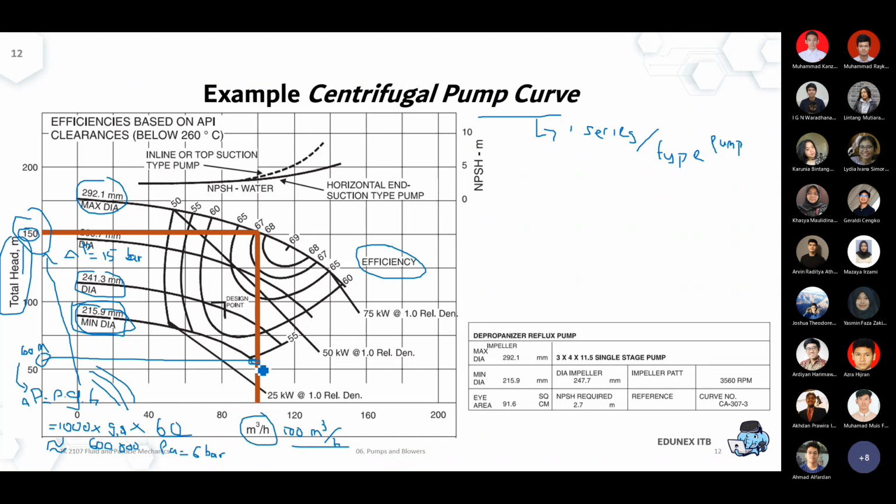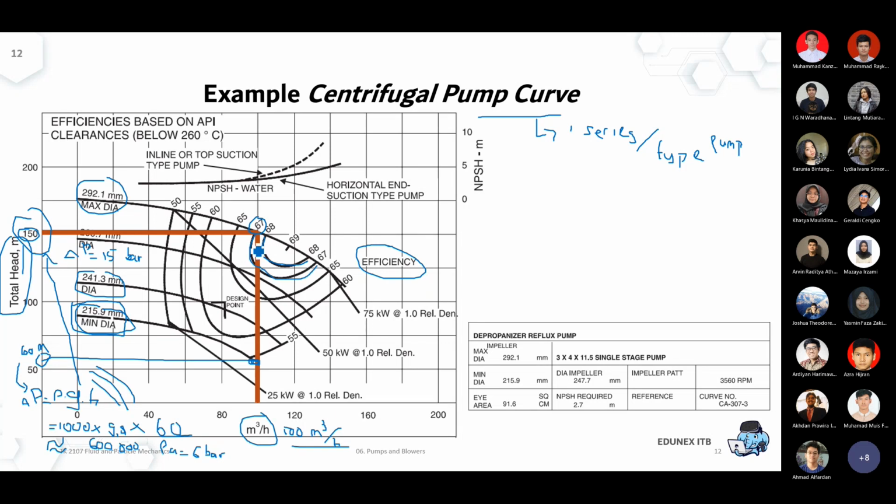What if I still want to use the low impeller diameter at 100 cubic meters per hour? And what if I want to work at the high impeller? What's my efficiency? The efficiency is represented by this curve. That's the iso-efficiency.